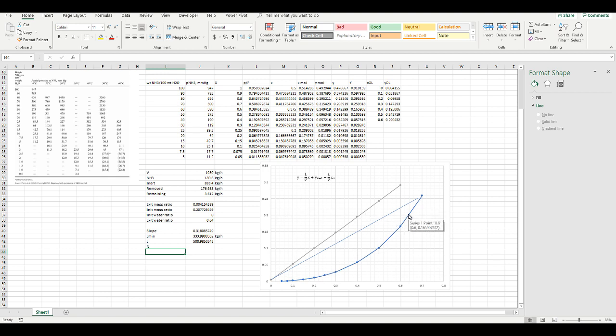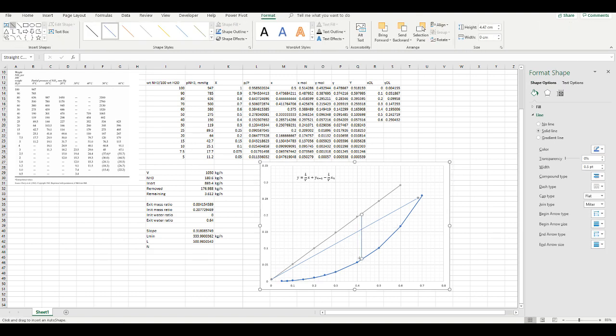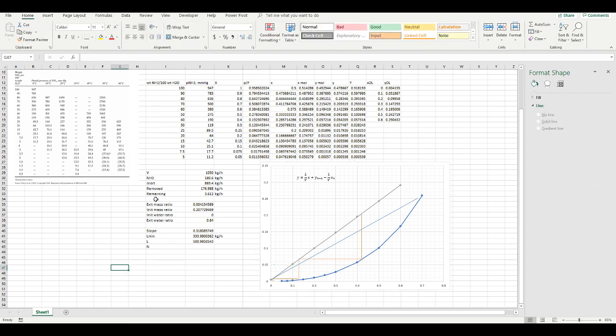So at y equals 0.2077, and then you simply draw the staircase like this downward until you reach the end. And there we go.